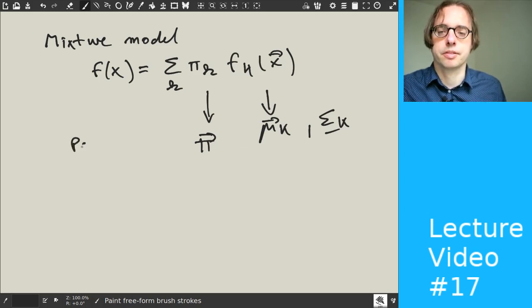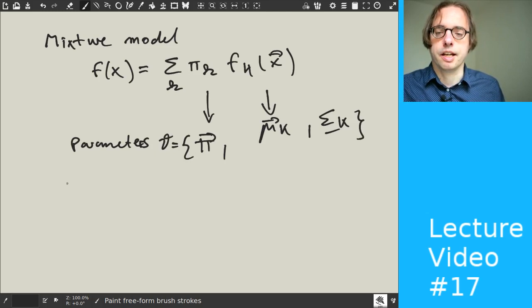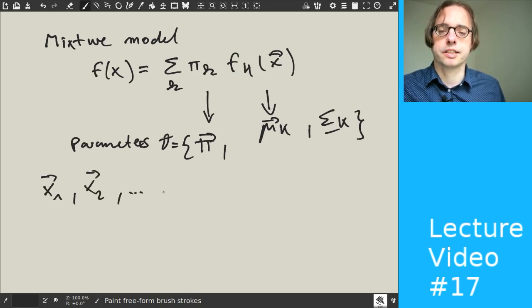So these are our parameters, and we would like to put them into one little set. This is our set theta. The question now is, we observe data x1, x2 and so on, where each of the x's is d-dimensional data.